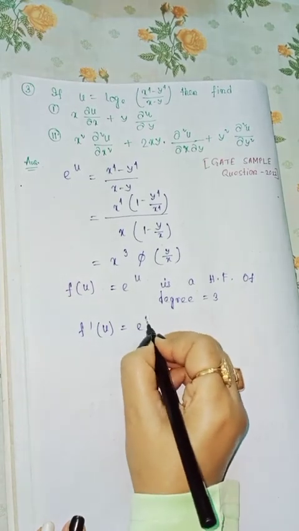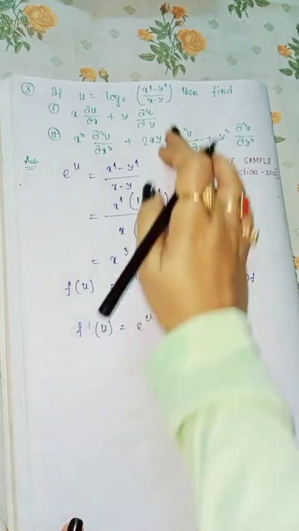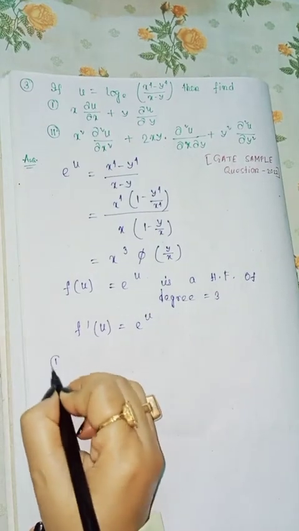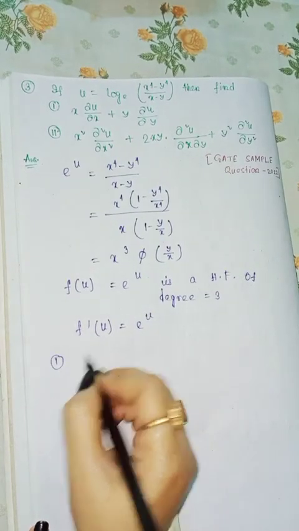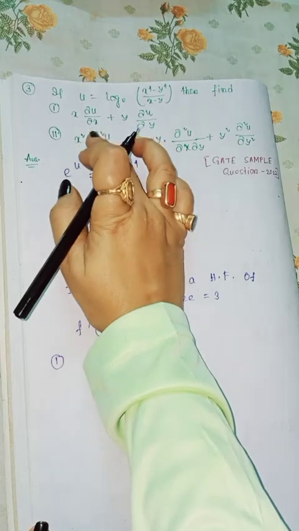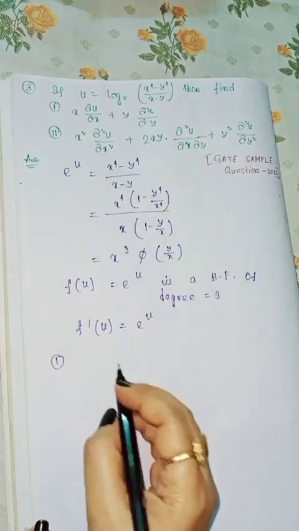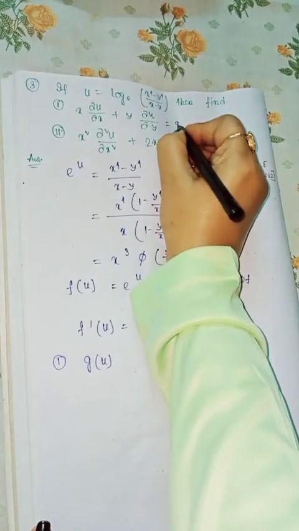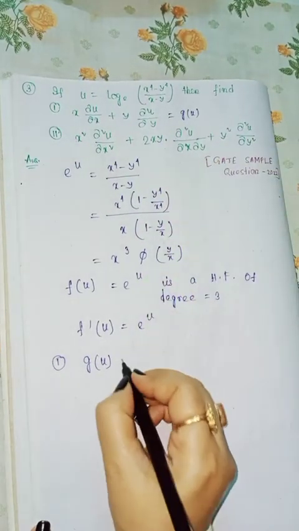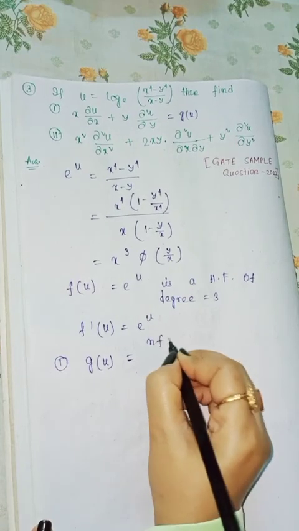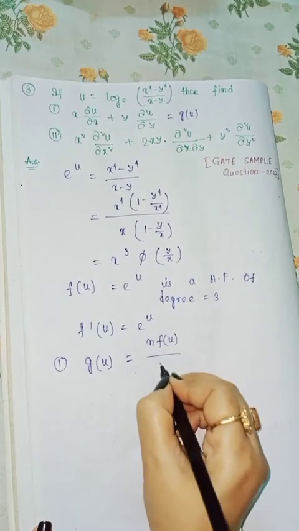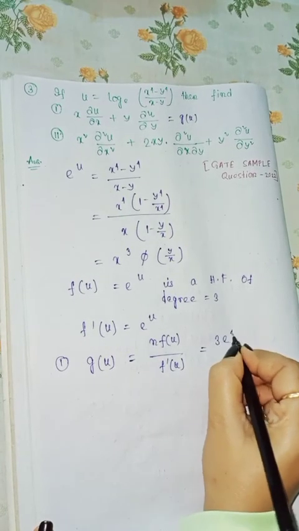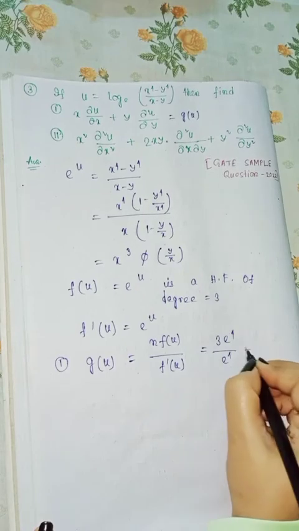So now if we take option one, this is equal to x del u del x plus y del u del y. So this is equal to g of u. So g of u is equal to n into f of u divided by f dash u. So 3 into e to the power u by e to the power u, that is equal to 3.